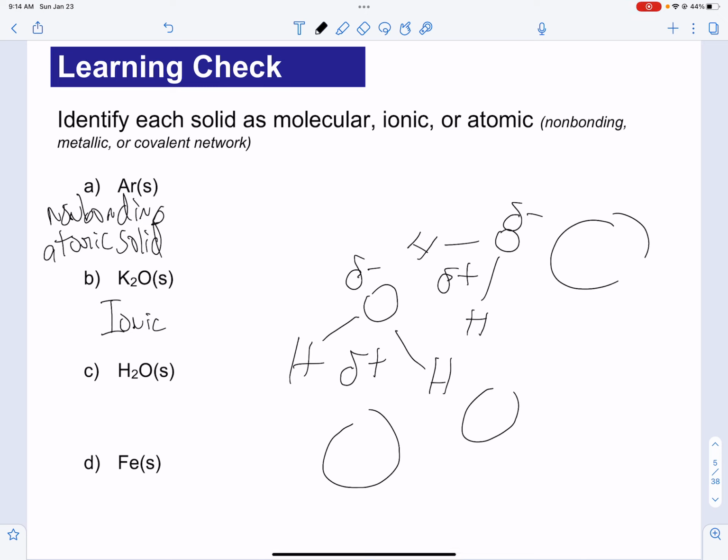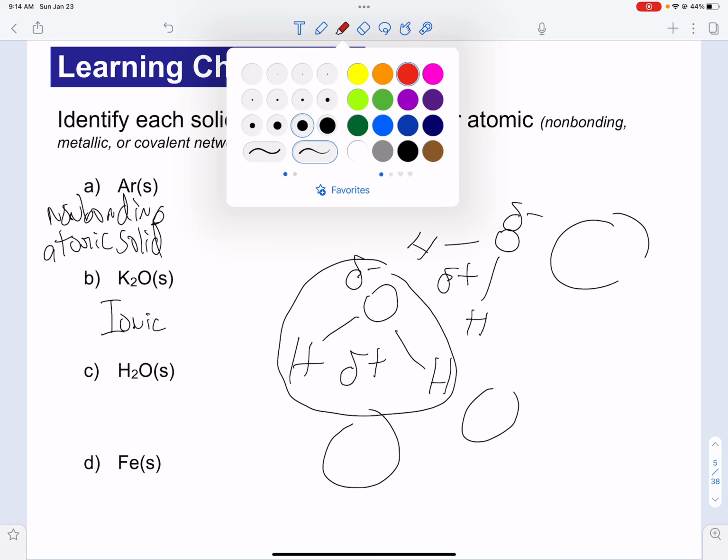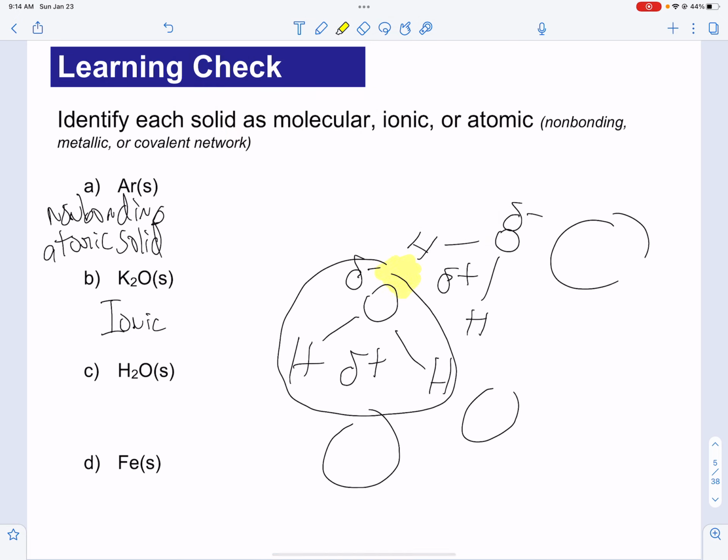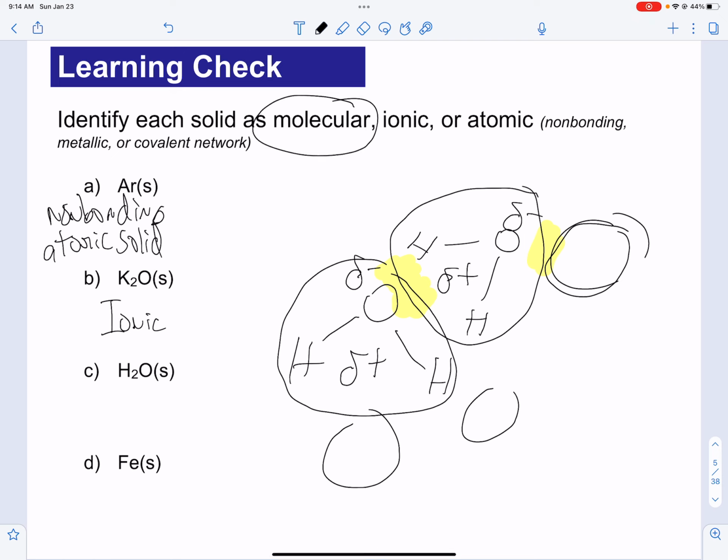So basically what we have is a molecule being attracted by intermolecular force to another molecule, being attracted by intermolecular force to another molecule, and so on. So this is what we call a molecular solid.